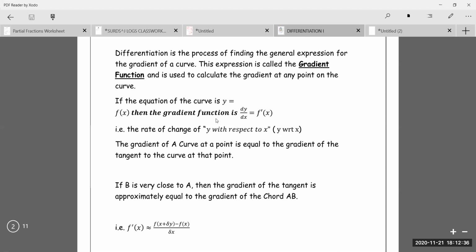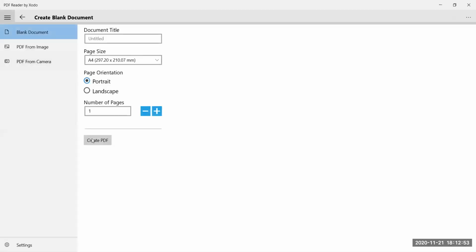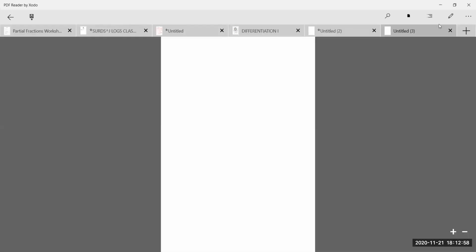The gradient of a curve at a point is equal to the gradient of the tangent to the curve at that point. So let's say that again. The gradient of a curve at a point is equal to the gradient of the tangent to the curve at that point. What that means is, let's say you have a curve.